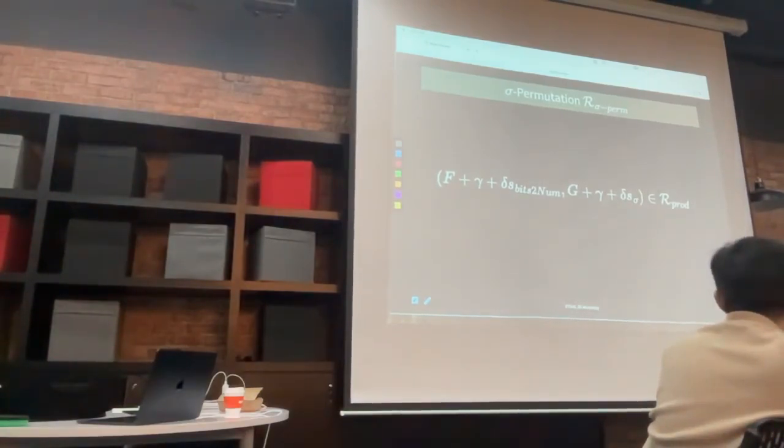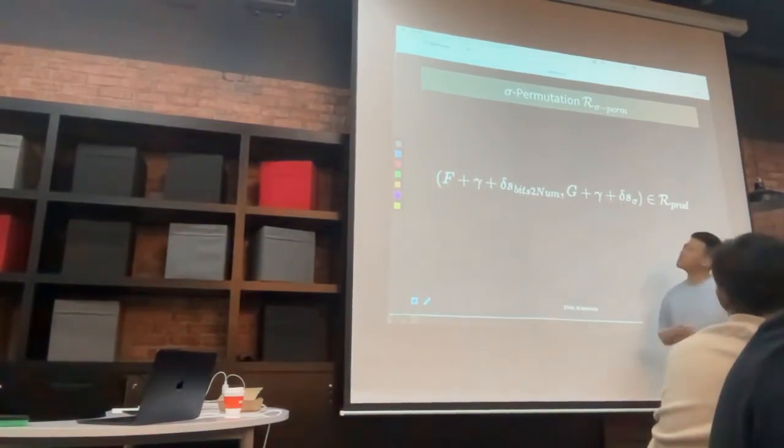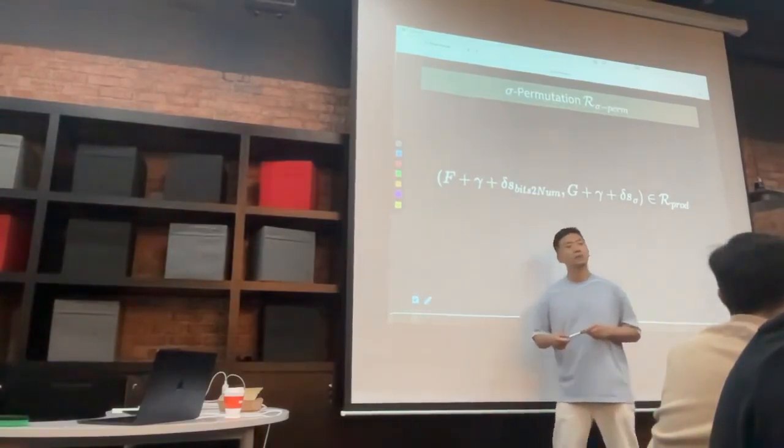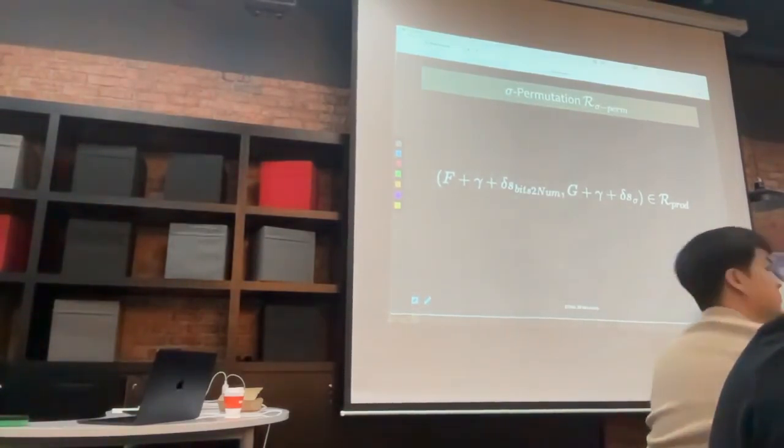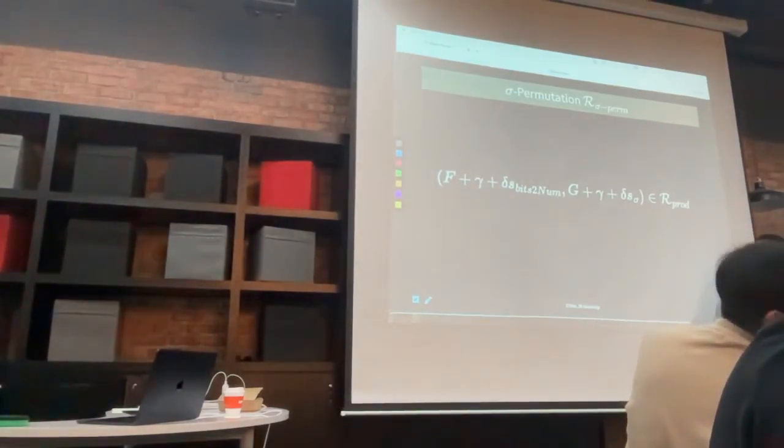One adds to the polynomials, and another adds randomness to the function, the sigma function. Because you can't control gamma, then gamma is technically enough, right? We can control them, but yeah.